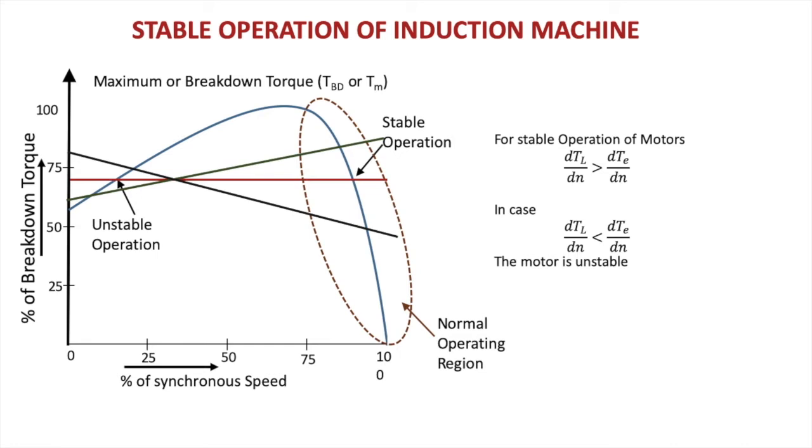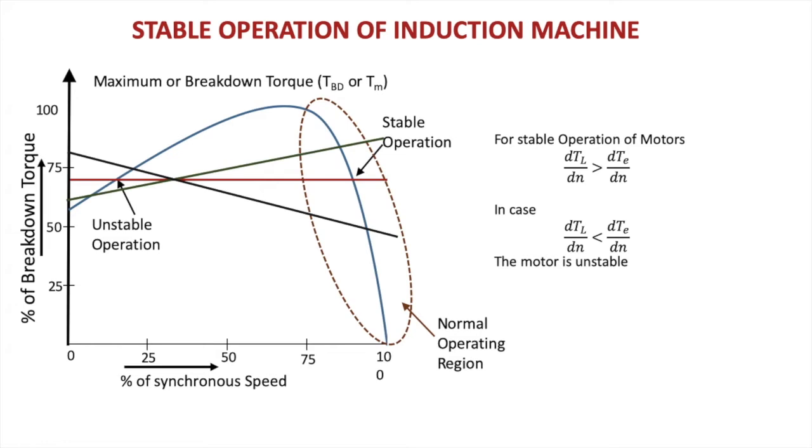Here we have shown in blue color the induction motor torque speed characteristic, and we have shown three conditions where the motor will operate. For stable operation, it is necessary that dTL/dN, that is the differentiation of load torque with respect to the speed, should be greater than the differentiation of the torque produced by the motor with respect to the speed.